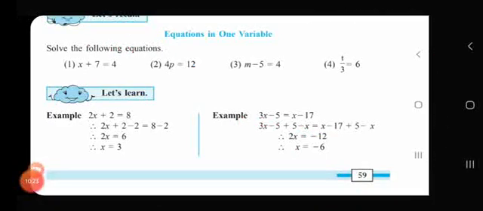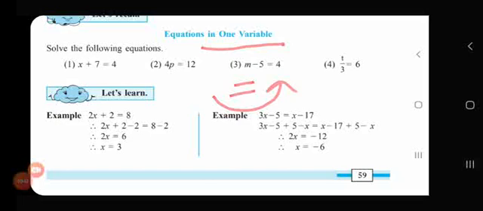Next is equations in one variable. How to find the value of variables? Solve the following equations. Means we need to find the value of the variable here. Remember that whenever we send any term to the other side of the equal to sign, that is called transpose.